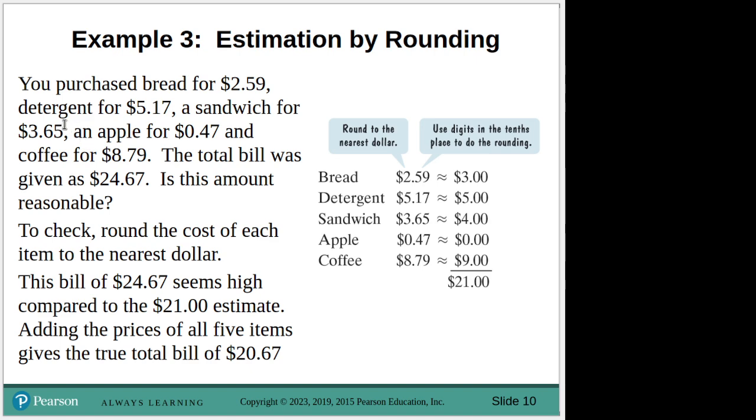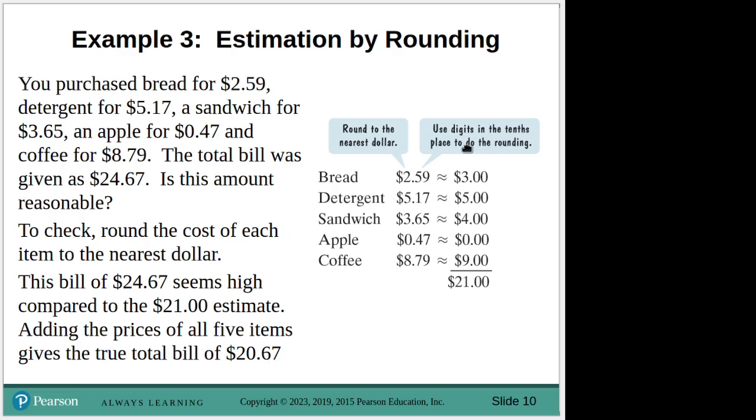Now, if we go back and add all of the items, we get $20.67. So estimation usually is done to do quick ways of doing mathematics.